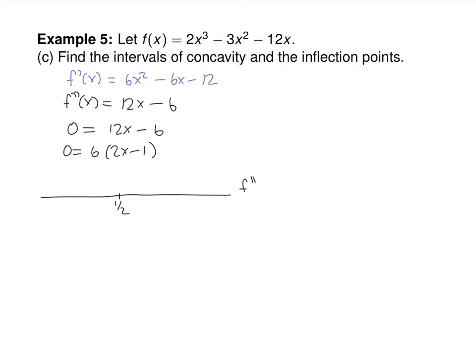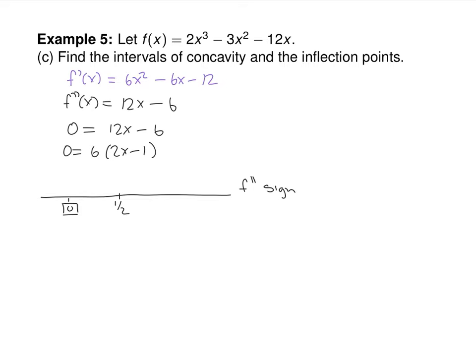And now we're looking at f prime prime's sign. Okay, so if you plug in a number prior to 1/2, say 0, in f prime prime, is the result positive or negative?